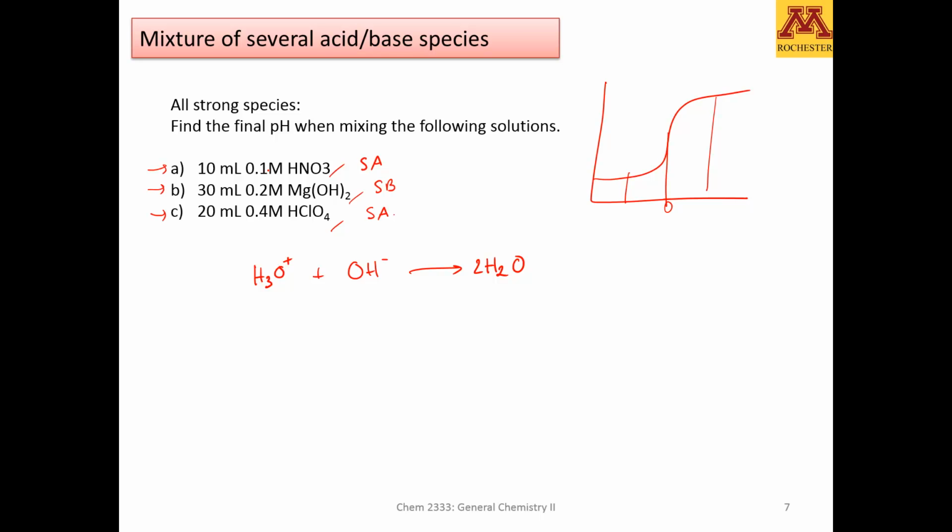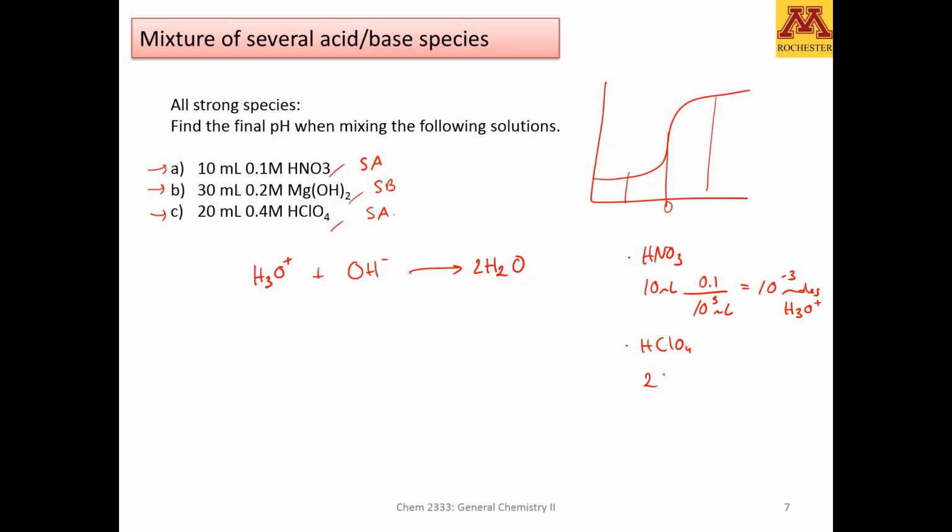left. So if you have nitric acid, which again is a strong acid, so if you have 10 milliliters of 0.1 molar, that means that this will be 10 to the negative 3 moles of hydronium. Okay, since we are in the acid, I'm going to do the perchloric acid.